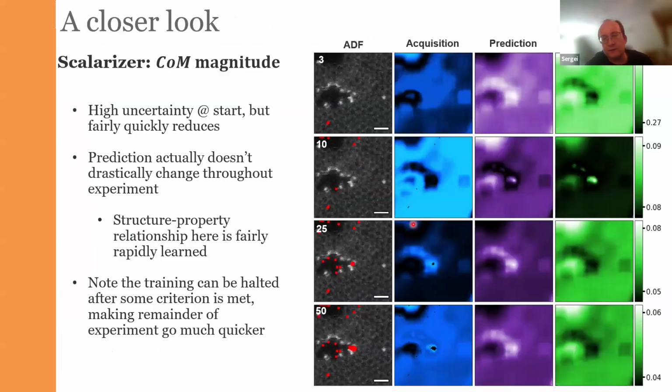This is the same data set, but showing the different steps of the process. You can see that exploration starts here, then we go to the broader exploratory phase, and then the acquisition function starts to have a maximum over here, and we are not going to get out of this until we explore all these high visibility points.